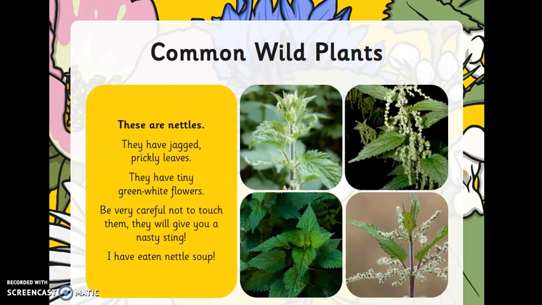And I have actually eaten nettle soup before. I went to my friend's house for lunch and she'd been out early that morning, and wearing a pair of rubber gloves, she'd picked the tips out of the tops of the nettle and then made some soup with it. It made my mouth feel quite tingly. I've never eaten it since.